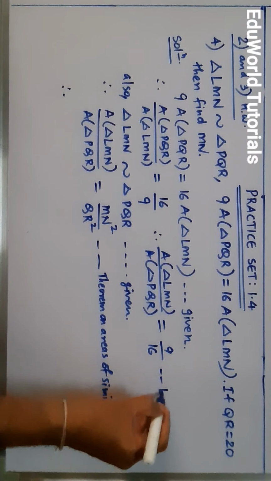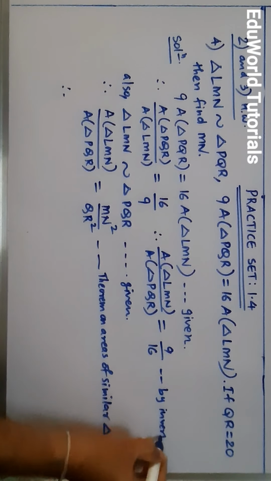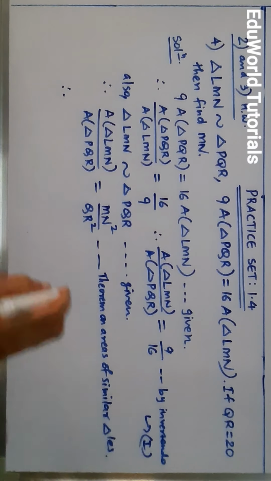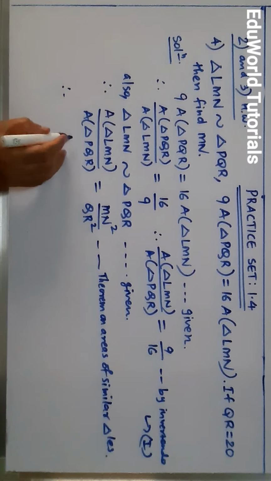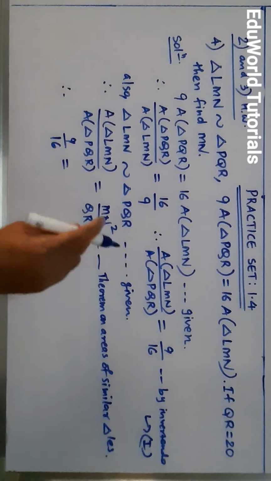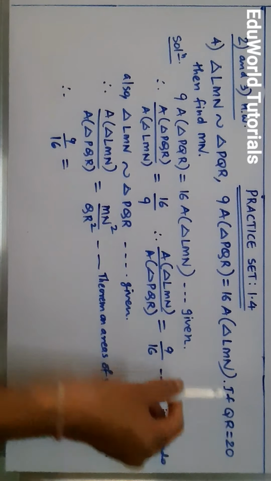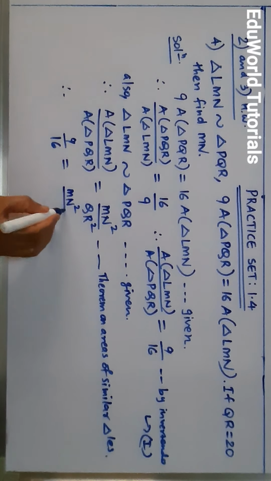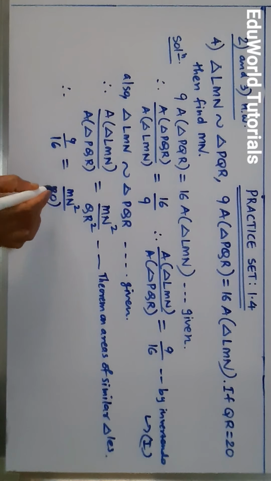This is by invertendo, and we can give result number 1 here. If you substitute the values, 9 upon 16 is equal to, out of these two sides, one side is given, QR is 20, and we have to find MN. So I will write MN square upon 20 square.